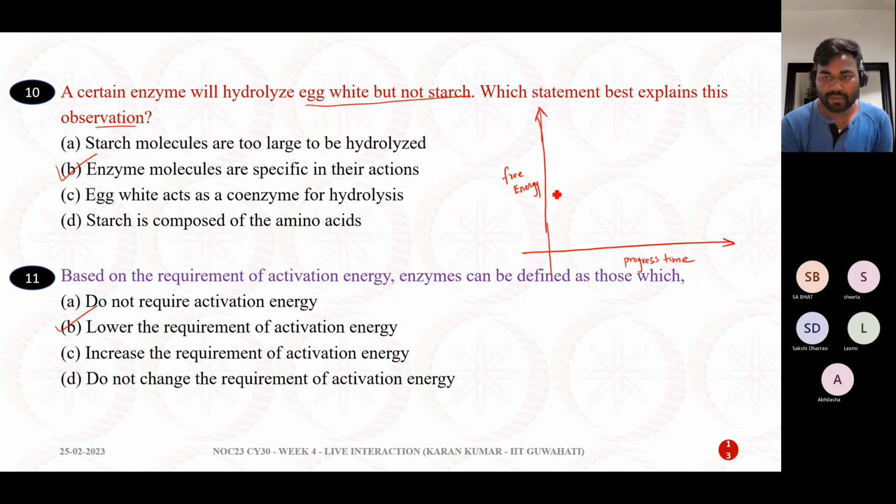Now you have a substrate here. This is your substrate, and as always, the product will be lower in energy than the substrate. If that is not true, then the reaction will not progress, right?